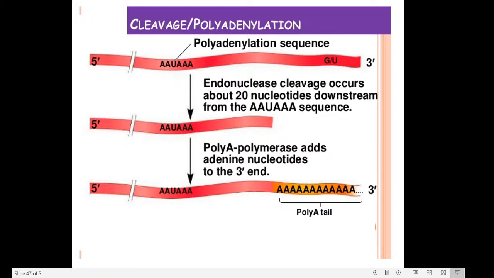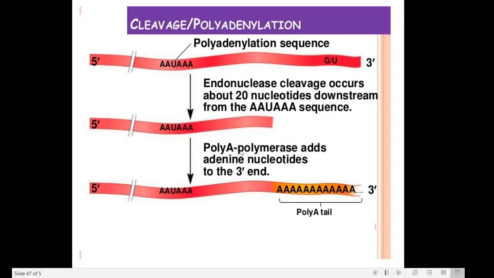After the AAUAAA sequence, 20 nucleotides into the coding region, the endonuclease cuts the particular region. That is where the cut happens, 20 nucleotides downstream, back to the 3' end.